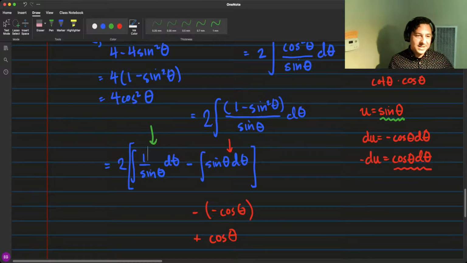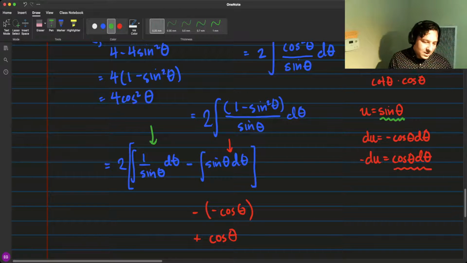So I've got one piece of it. Now I've got to get the other piece. How should I integrate 1 over sine theta d theta?